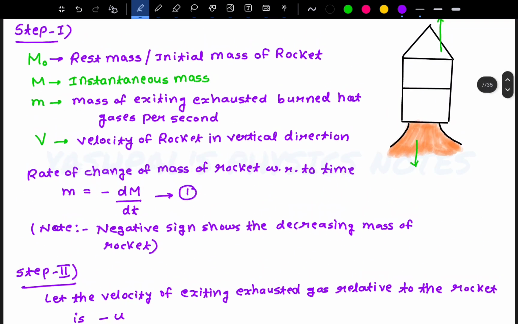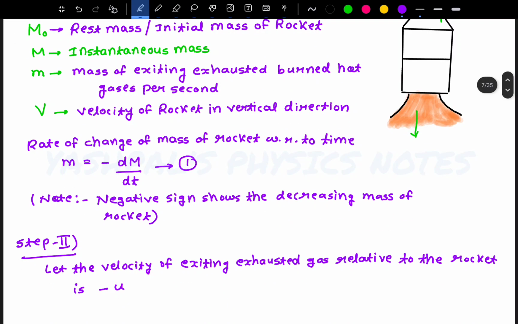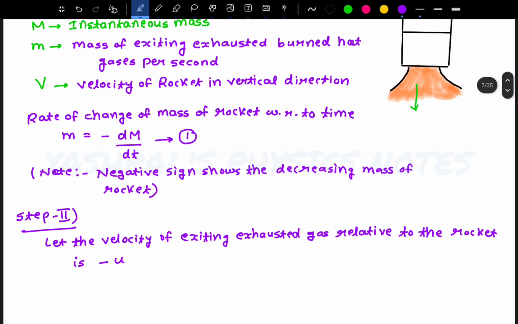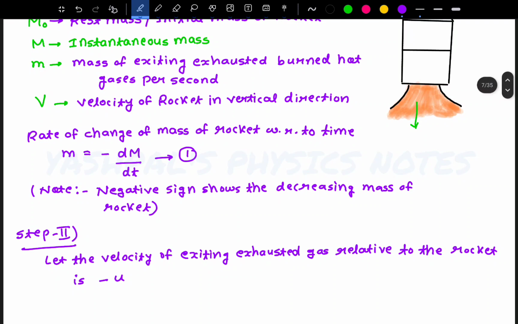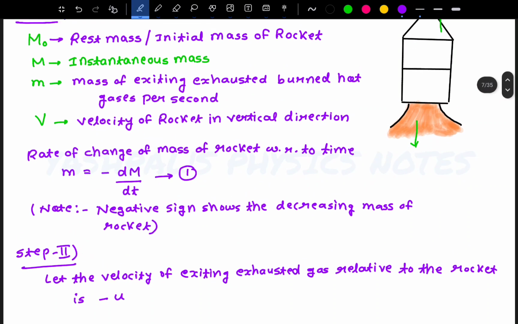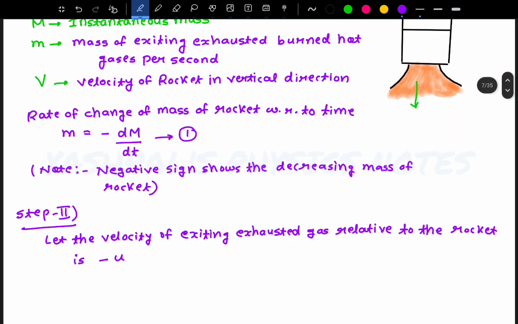Since our rocket is moving in upward direction, but the direction of exiting exhausted gas is in downward direction. Here I have shown with orange shade in this figure. Similarly, small m was the mass of these exhausted burned hot gases per second.